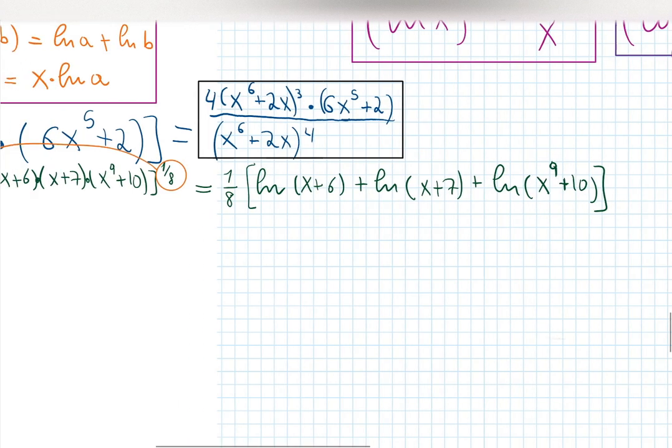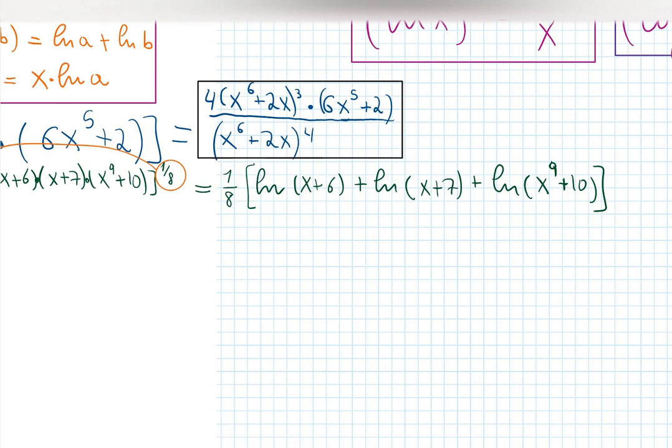Good. Now I can just differentiate this last part, which I just simplified. So I will do it right away. Y prime becomes 1/8 stays, and I'm differentiating each log separately, which gives me 1 over x plus 6 plus 1 over x plus 7 plus 1 over x to the 9 plus 10.